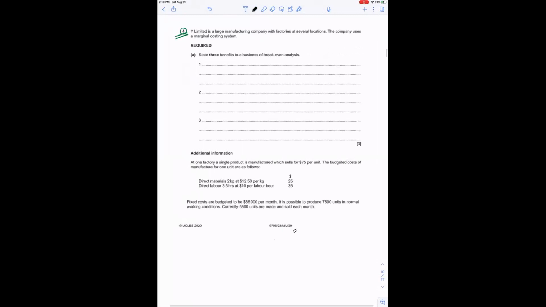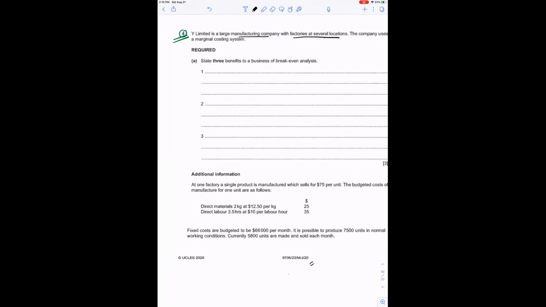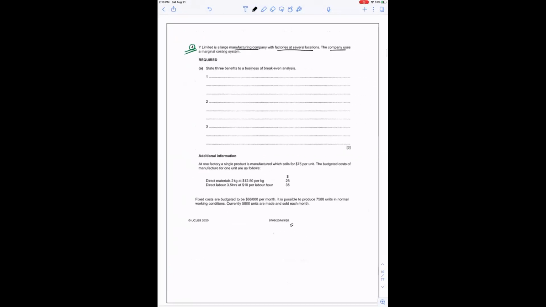Y Limited is a large manufacturing company with factories at several locations. The company uses a marginal costing system. State 3 benefits of using a break-even analysis. What could be the benefits of using a break-even analysis? Think.